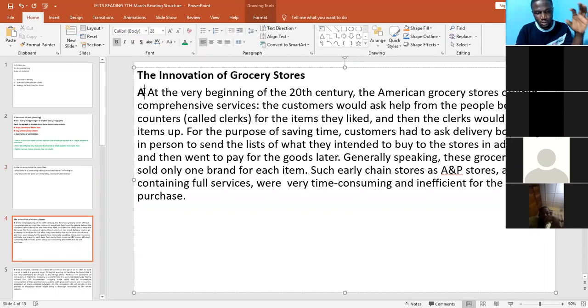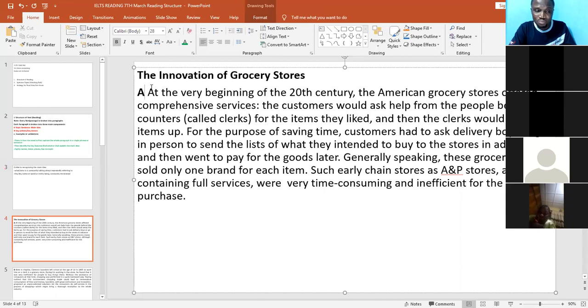Concentrate on understanding your paragraph within a minute, decoding everything the paragraph is talking about. Now let's go, and I will read. At the beginning of the 20th century, the American grocery store offered comprehensive services. Okay, so what is it talking about here?